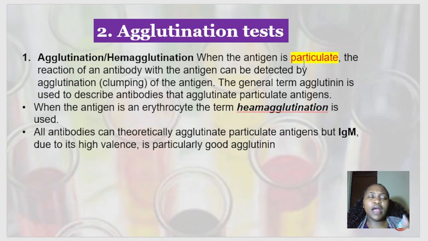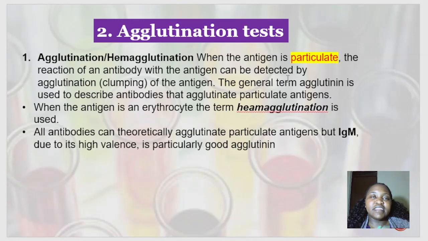So are we able to detect them? Yes. For example, red blood cells: how are we able to determine blood groups? Because a red blood cell is a particulate entity or antigen. This is detected using a technique called the agglutination test, which relies on the clumping of the antigen.